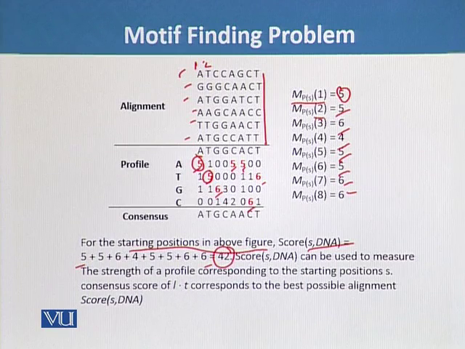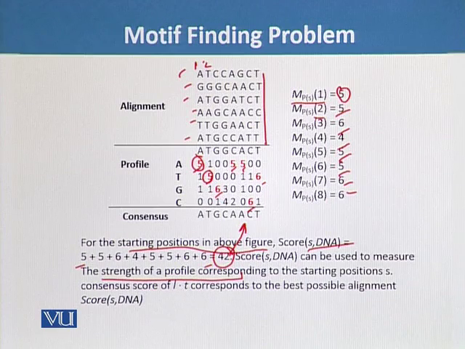It comes out to be 42. This score sDNA can be used to measure the strength of a profile. So the higher the score, the greater the strength of this profile. And this profile corresponds to the starting positions, that is S.